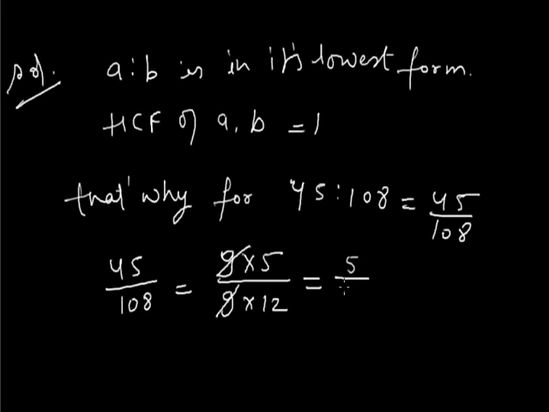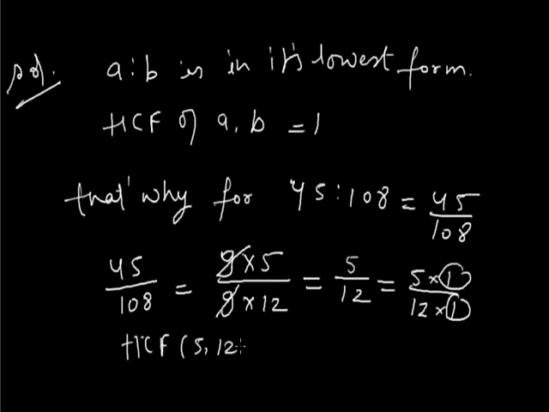So 45 upon 108 reduces to 5 upon 12 in the lowest form, as now there is only one common factor between the numerator and denominator of this fraction 5 upon 12, which is 1. That's why the HCF of 5 and 12 is 1.